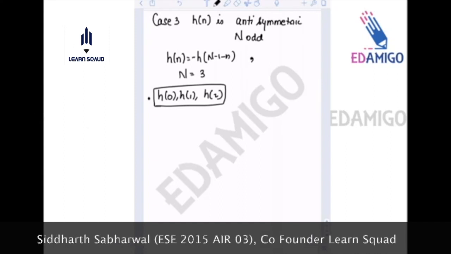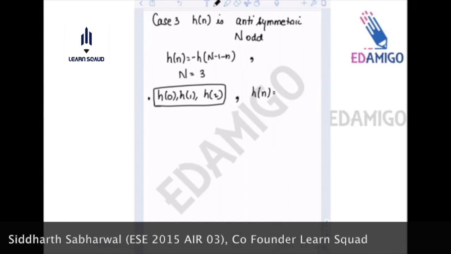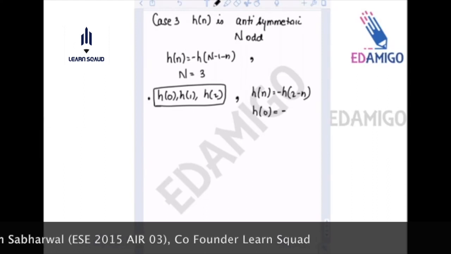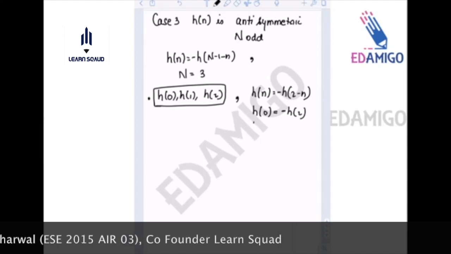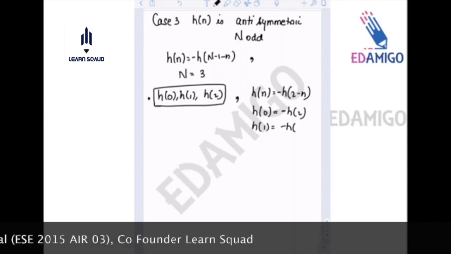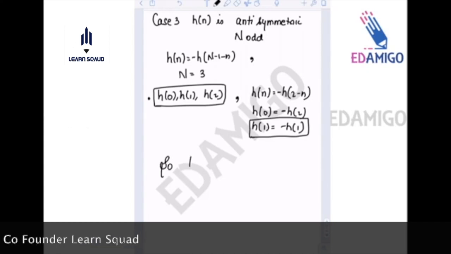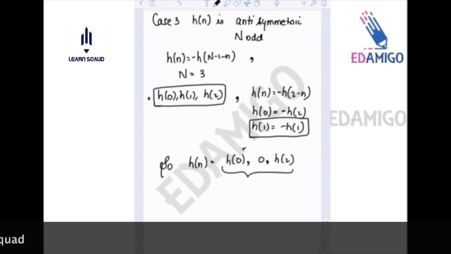So h[n] will be equal to minus h[2−n]. So h0 equals minus h2, h1 equals minus h1. So from here we can see that h1 has to be 0. Okay. So h[n] has only 2 terms left, that is h0 and h2. And h0 equals minus h2. We have seen this.